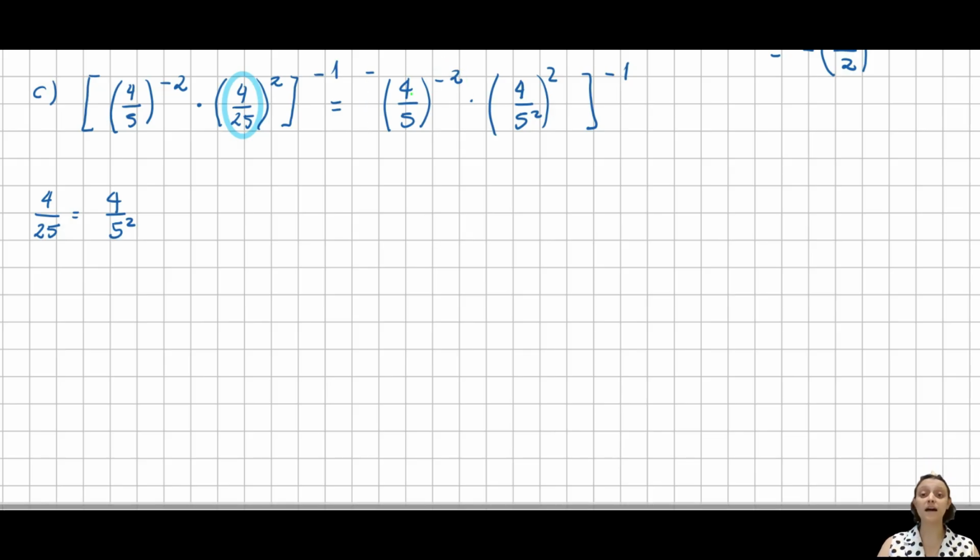Don't do it because it's not convenient, okay? Remember that we need our powers with the same base. So if we apply the negative power here at the beginning, we're going to have the inverse. We would have 5 over 4, and we don't need that right now. We need them to be exactly the same so we can apply properties. And that's the treatment we're doing now to the expression, okay?